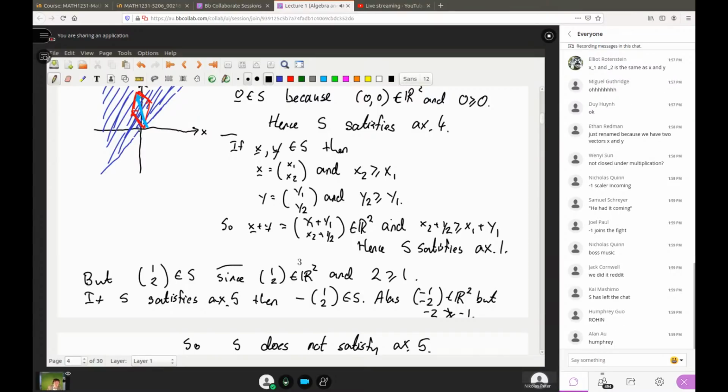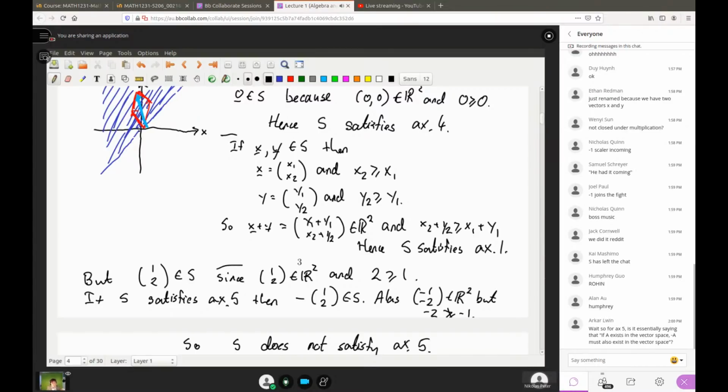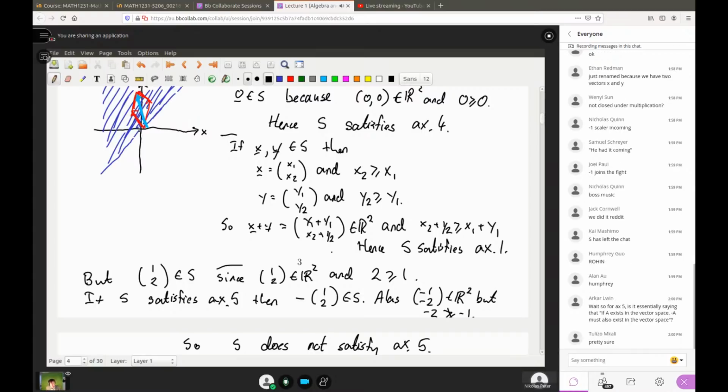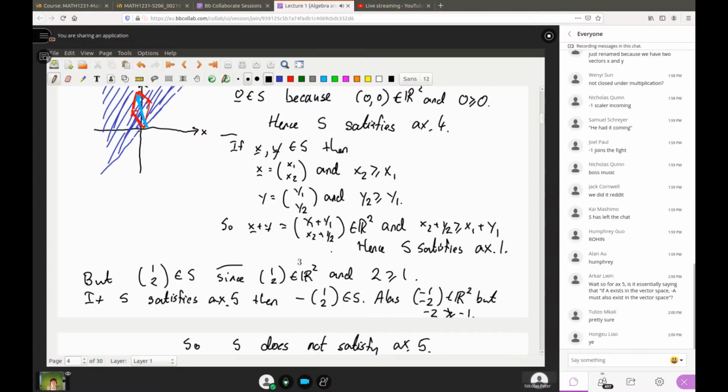But when you're showing something disobeys the laws of the vector space, you need an actual vector. You call forth your witness and say, bring forth (1, 2). And then you interrogate (1, 2), and you say, sir, check out my (1, 2). It is an element of the set, but does not obey the law of existence of negative. It doesn't obey axiom 5.